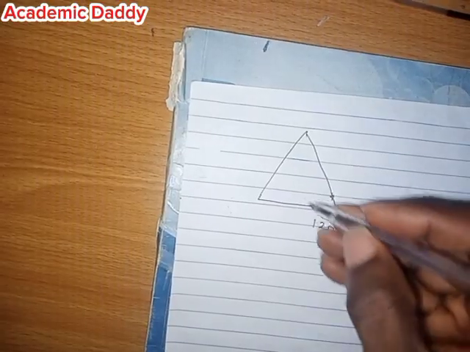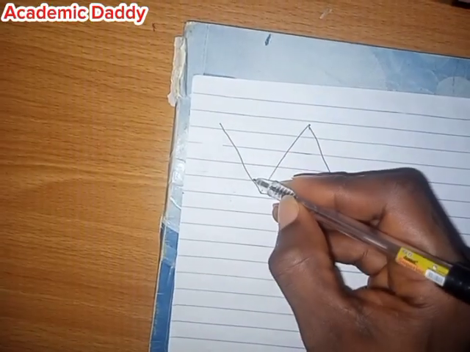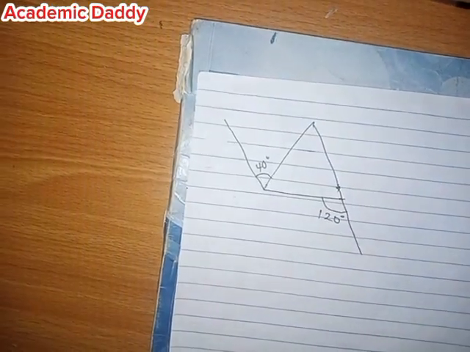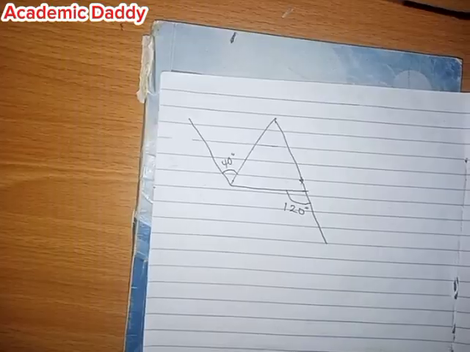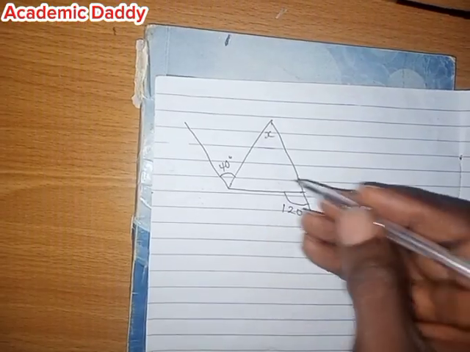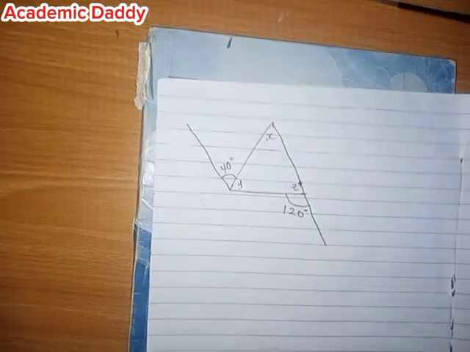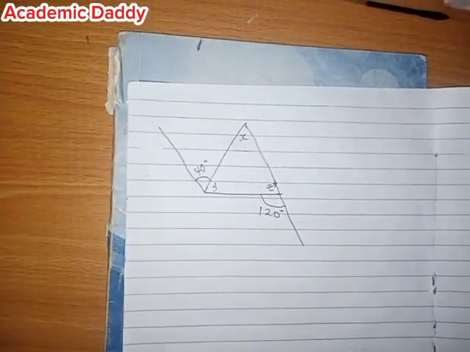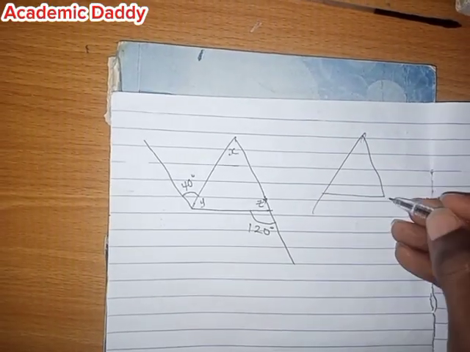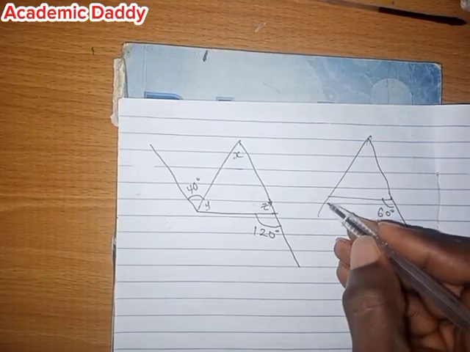And then let's say now I have here to be 40 degrees. So let's say this is X, this is Y, and this is Z. They tell me to find the missing angles. Let's say I have another one that is like this, and here is 60 degrees.